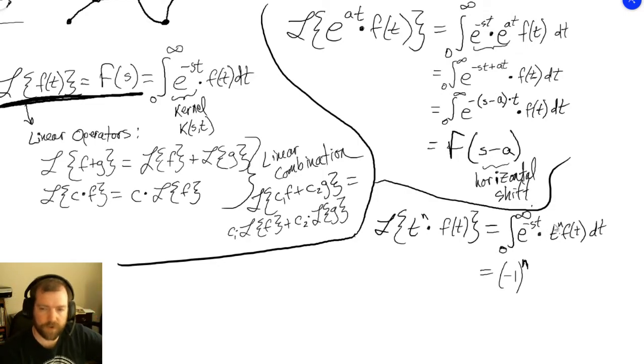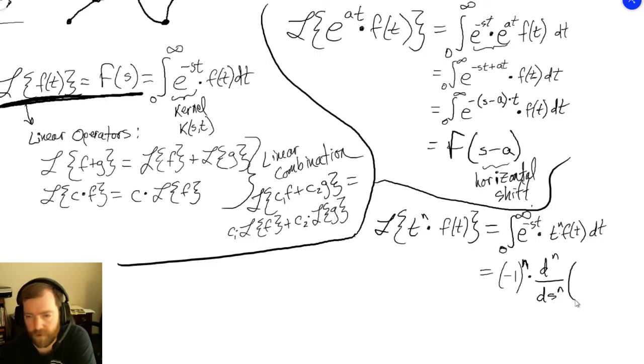Actually, we want the derivative of t to the n, and the integral of e to the negative st, possibly times f of t. Or we can leave f of t in there, but either way it doesn't much matter how we do it. This eventually works itself down to the nth derivative in terms of s of F of s.